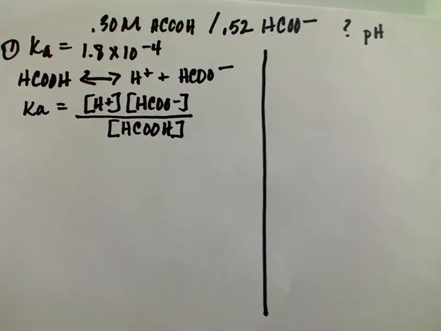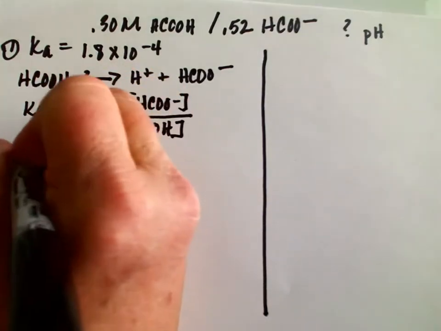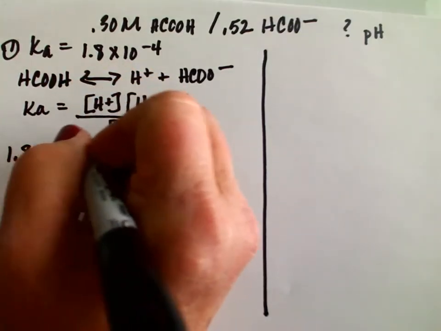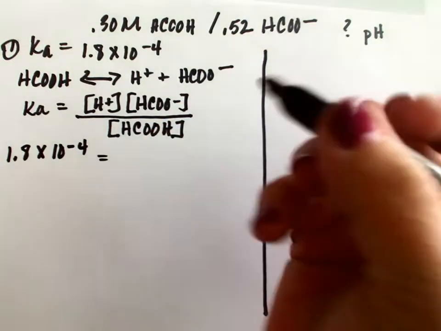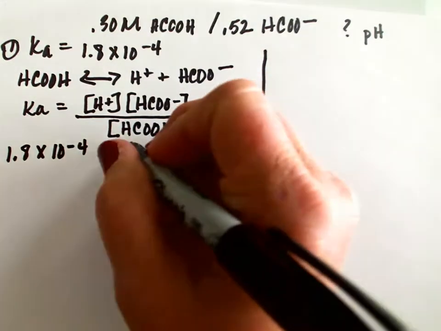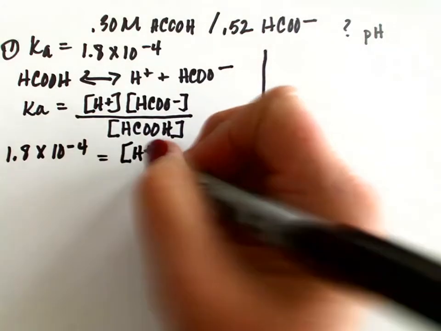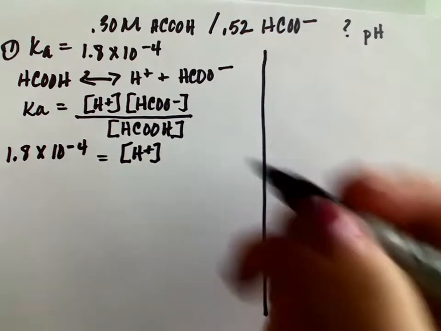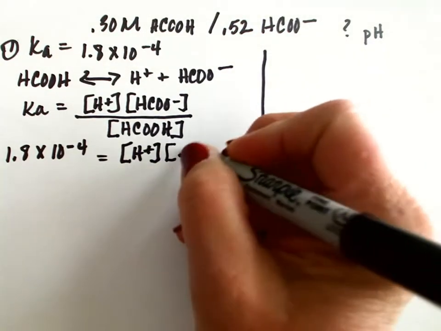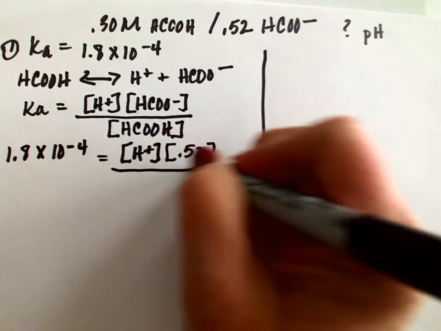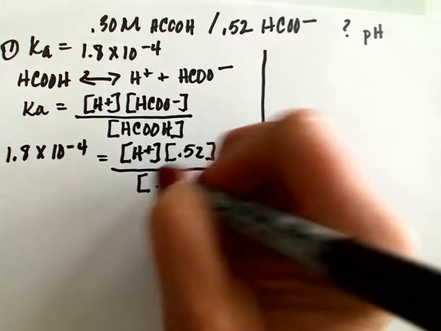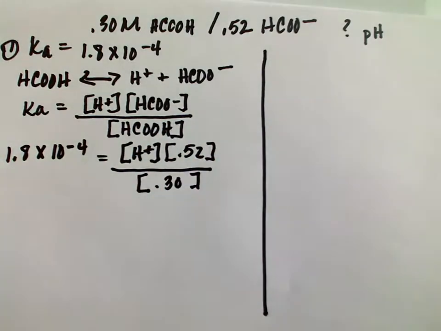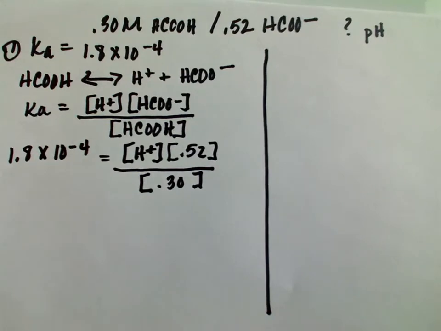So we have our Ka, so we just plug that into our equation, and that equals the concentration of the hydrogen ion, which we don't have, but we do have the concentration of the conjugate base and the weak acid, so we will plug those values into our equation and solve for the concentration of hydrogen ion. Then we can use negative log of the hydrogen ion to calculate our pH.